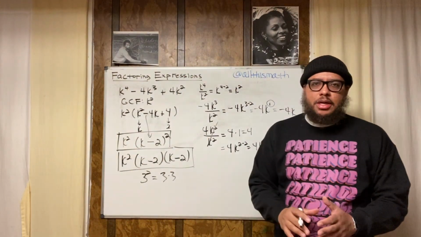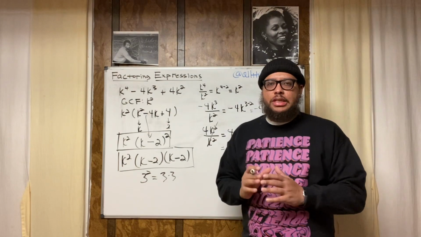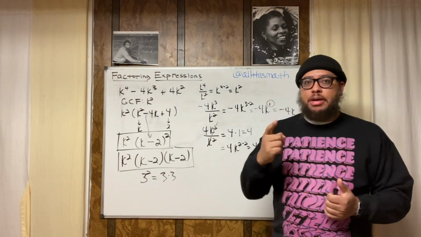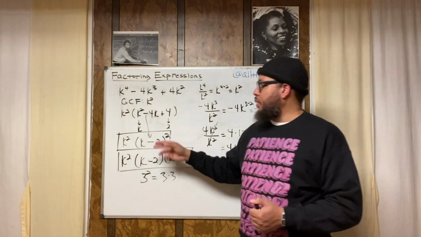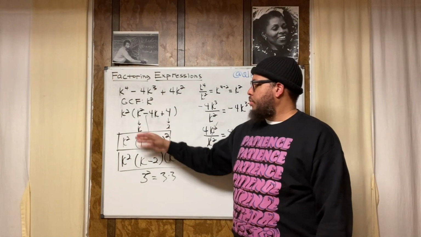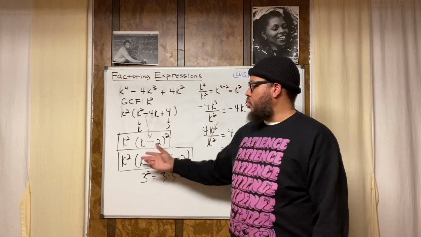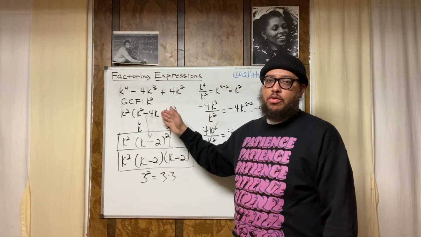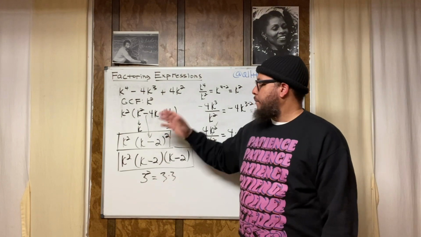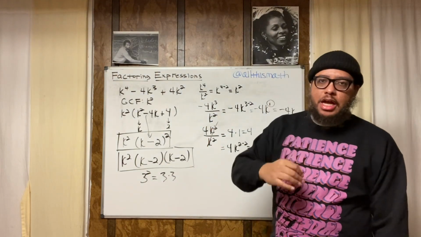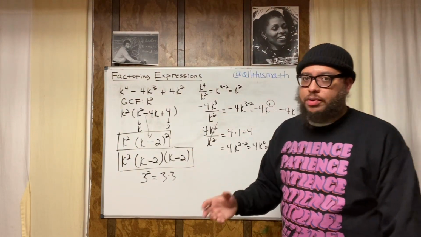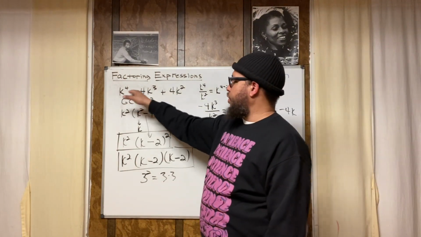But notice what happened here. We had to do more than one type of factoring. First, we had to factor out a GCF. That's one method of factoring. Then we had to factor this trinomial either as a perfect square trinomial, or break it down using what some people call the reverse FOIL method. A lot of times you'll have to do multiple methods of factoring in order to completely factor an expression, because this is the original expression.